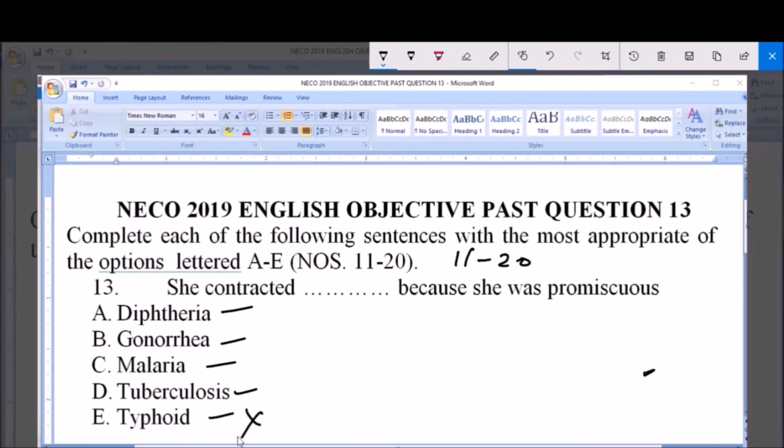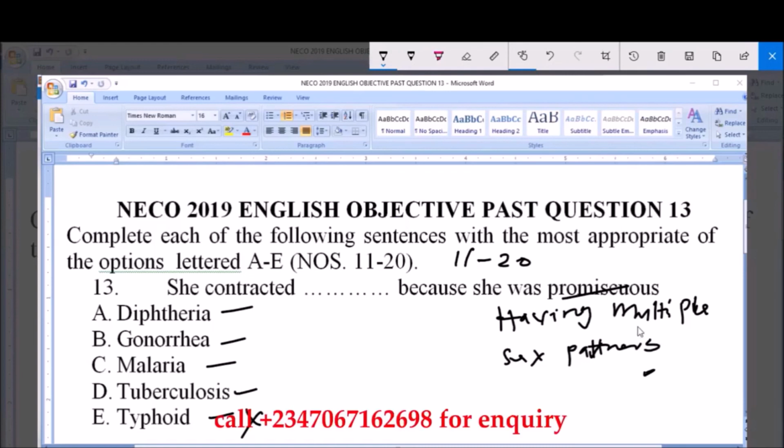However, typhoid cannot be contracted by being promiscuous, because being promiscuous means having multiple sex partners. So she cannot contract typhoid by having multiple sex partners.